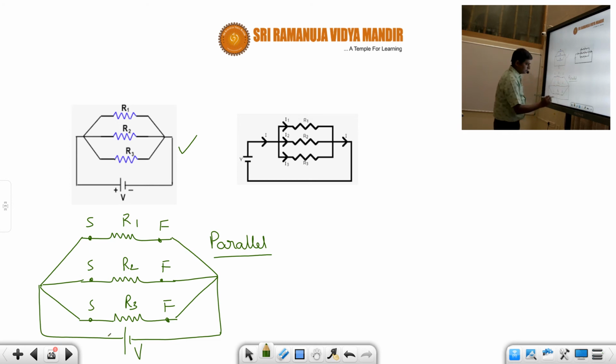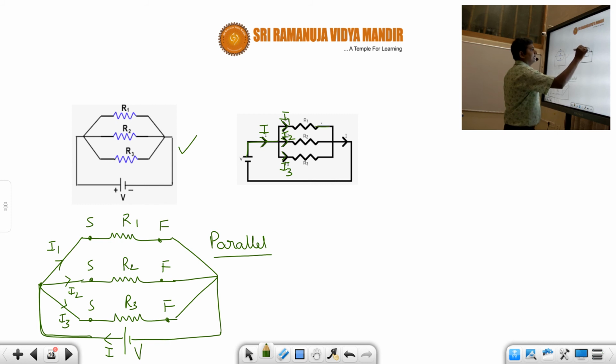Once the circuit is connected like this, students, suppose let us say current I is flowing. This current I will come like this, and when it comes here, it will divide into 3 parts. Let us say this is I1, this is I2, and this is I3. This is the main current I, which is getting divided into I1, I2, and I3 in the 3 resistors.